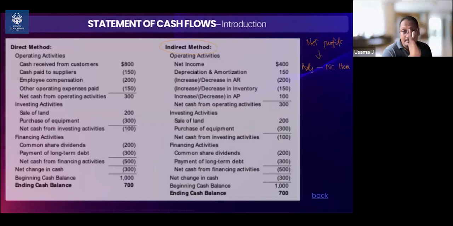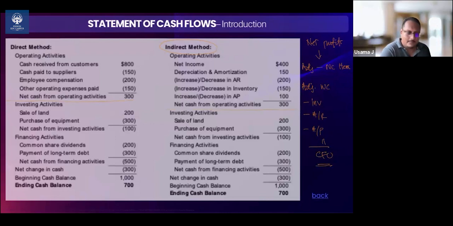We will reverse them back because we have deducted them from the net income, and they are not technically an outflow. And then we will adjust for working capital, inventory, accounts receivable, and accounts payable to arrive at our cash flows from operations. Only up to this point you will have the difference, and that is also, guys, only presentation wise, right?